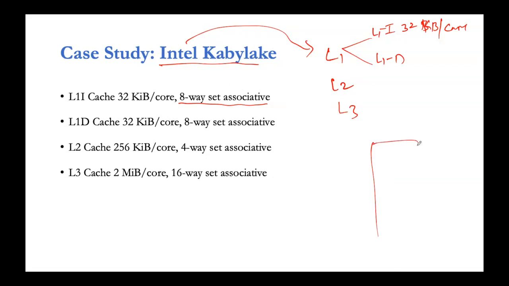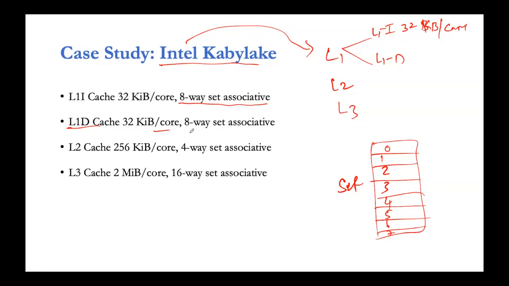In 8-way set associative, every set has 8 ways: 0, 1, 2, 3, 4, 5, 6, and 7. The L1 data cache is also 32 kilobytes per core and uses 8-way set associative.